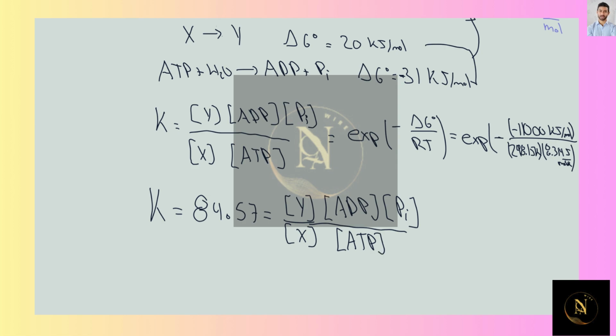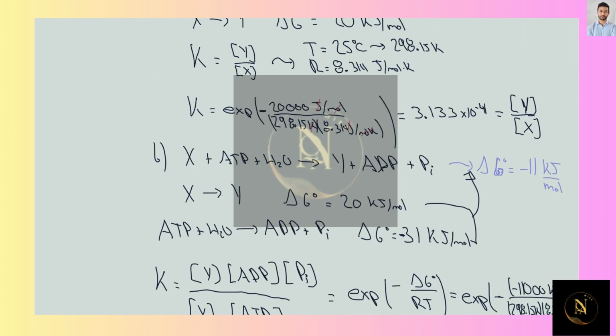So the ratio will be directly 84.57, and this is equal to the concentration of Y divided by the concentration of X. As you can see, now we have more of Y than we have of X compared to our initial result.